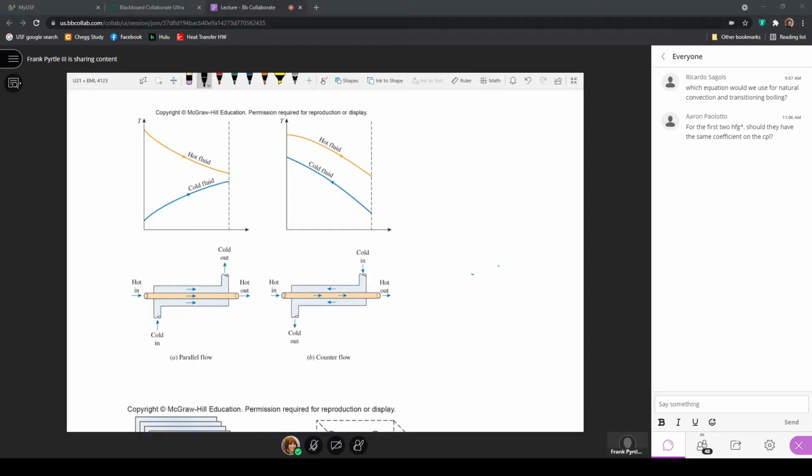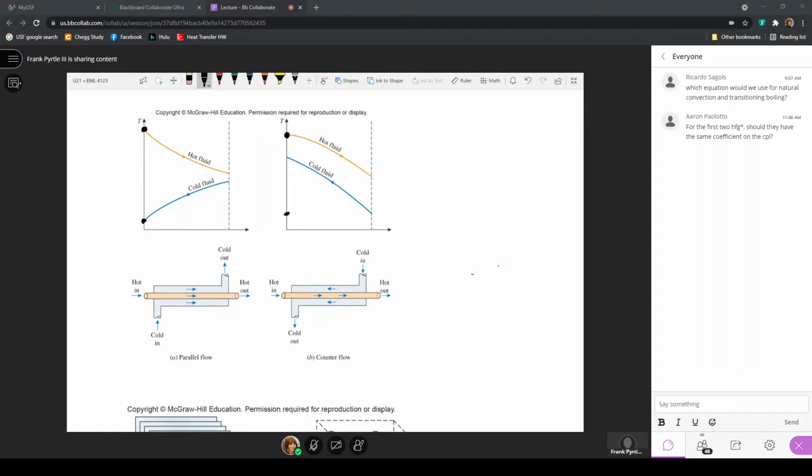Now, again, hot and cold only have to do with what the temperatures of the fluids are as they enter the heat exchanger. Here the arrow is from left to right for the hot fluid. So it came in at a high temperature and the cold fluid came in at a lower temperature. The hot fluid comes in at this temperature.